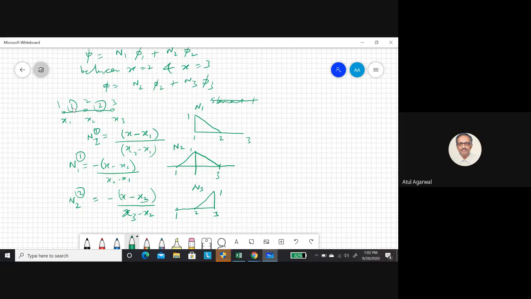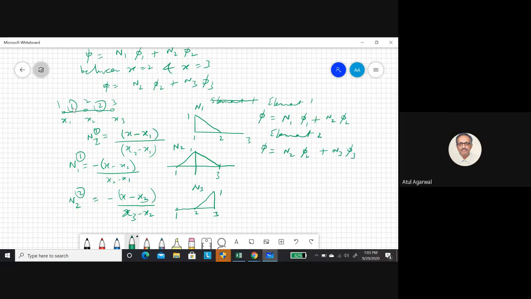So our value of phi in element 1 is equal to N1 phi 1 plus N2 phi 2. In element 2, phi is equal to N2 phi 2 plus N3 phi 3.